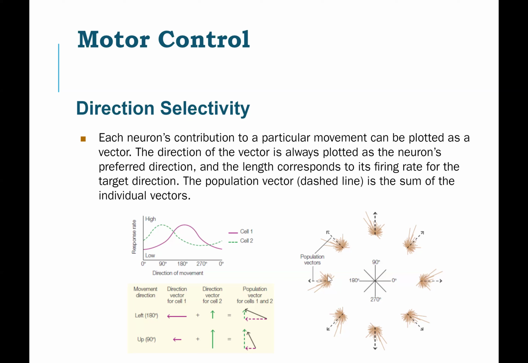So in this case, if you want to have a leftward movement, you have to have cells that really like leftward movement to be active because, well, when they're active, they command the muscles to move the hand in that direction. That's the idea.